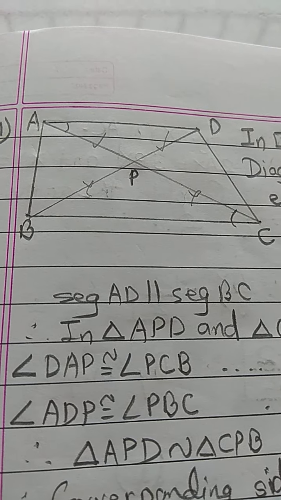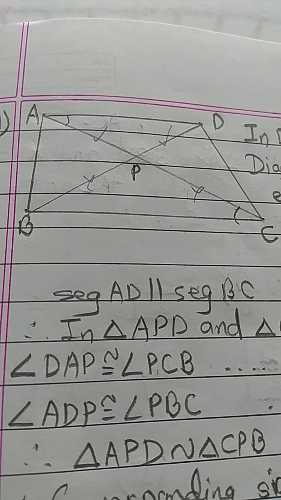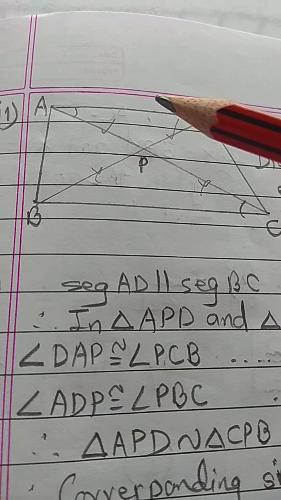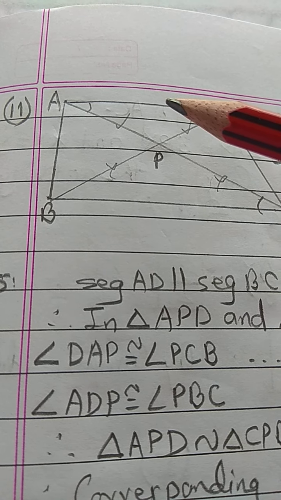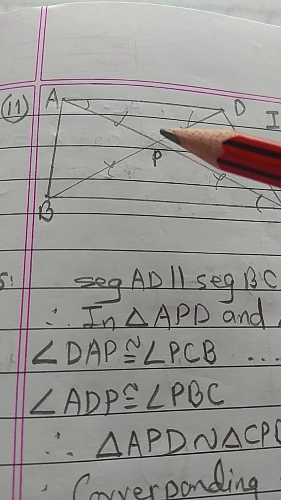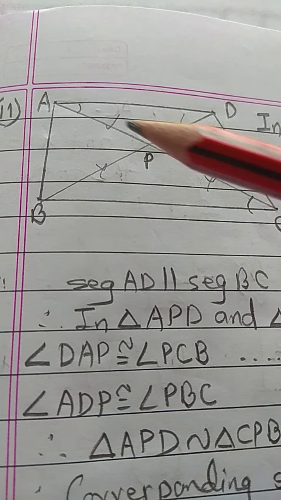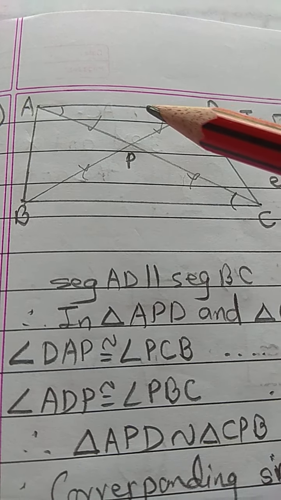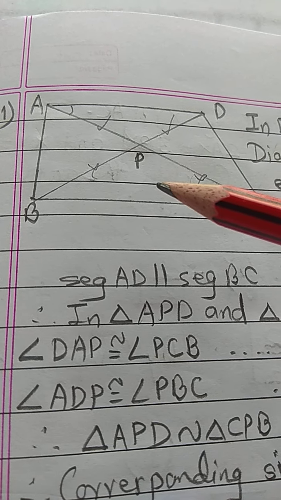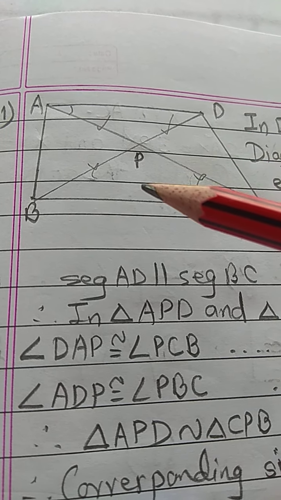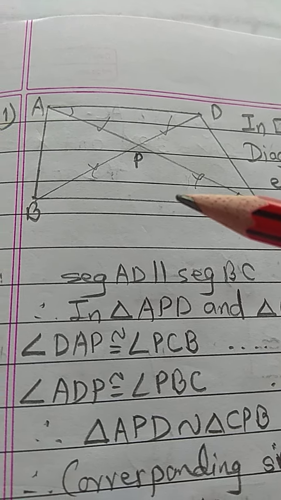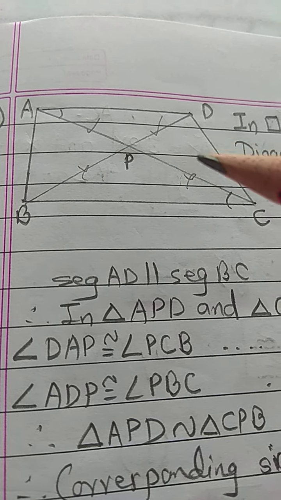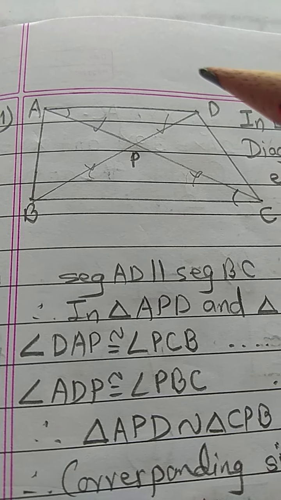By observing the sides, we can conclude that if we can show that these two triangles are similar, triangle APD and triangle CPB, then we can write corresponding sides are in proportion, and then by cross multiplication only we can have the answer, or any other operation we have to perform.